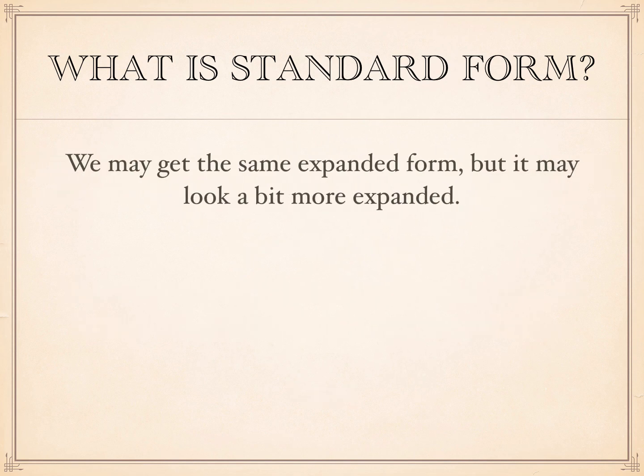We may get the same expanded form, but it may look a bit more expanded. For example, they may give us 6 times 1,000 plus 4 times 100 plus 9 times 10. It was the exact same thing as our other one, but they actually expanded it a little bit more. Instead of saying 6,490, they said 6 times 1,000, 4 times 100, and 9 times 10.